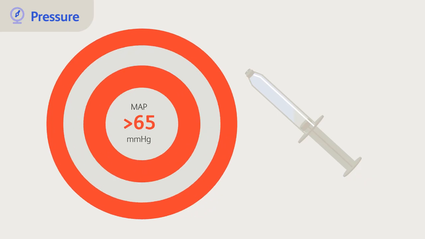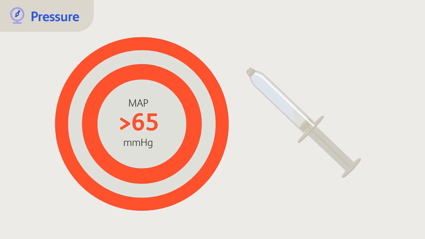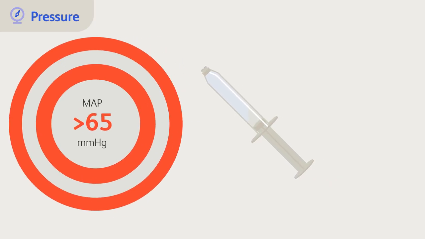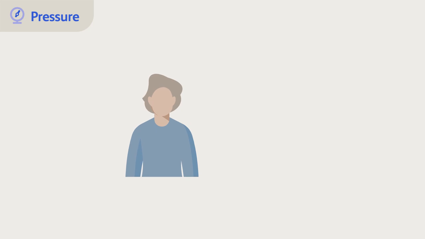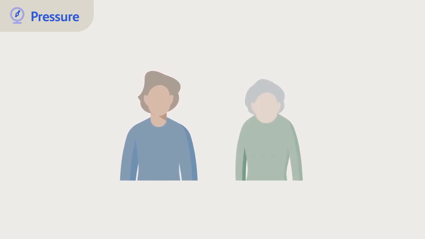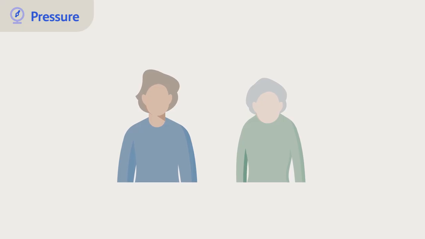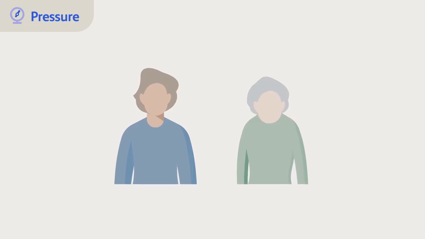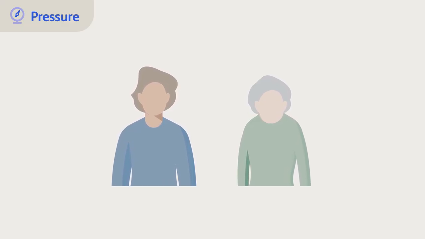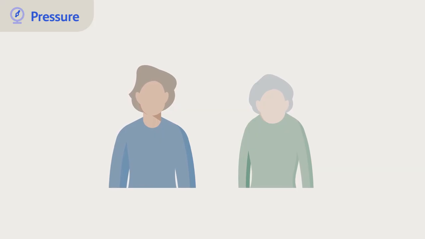To balance the circulation, low-dose vasopressors can be used to maintain a MAP goal of greater than 65 mm of mercury. In fit patients, a pure alpha agonist is a good choice, but in ASA 3 or 4 or other high-risk patients, a combined alpha and beta agonist may be the preferred choice, as it improves forward flow due to increased contractility.